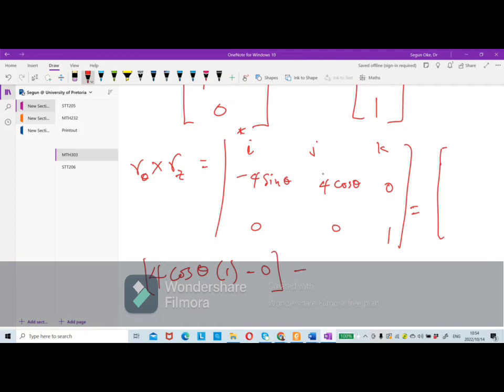Minus this one cross, this multiplied by this, you have it to be plus 4 sine theta. This goes with this. When you multiply by 0, this is multiplied by 0 plus 0. So the final will be what?